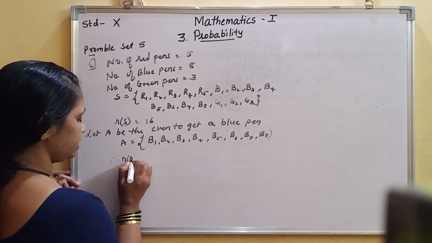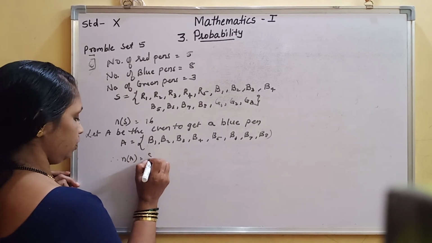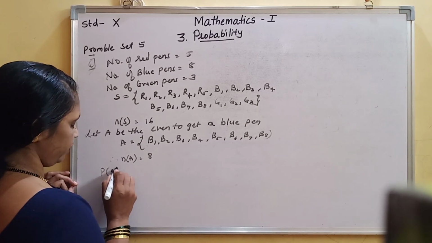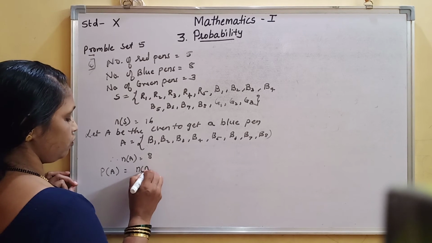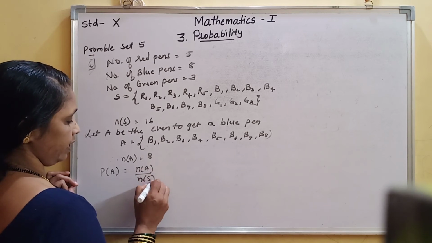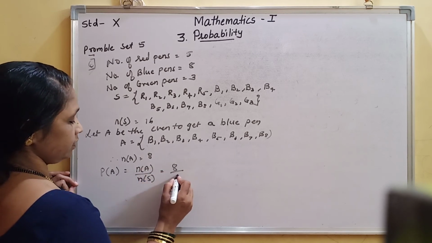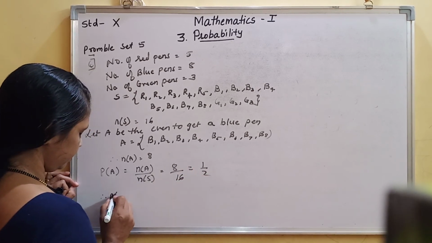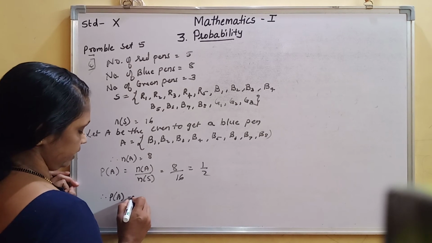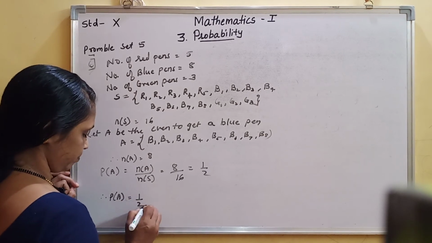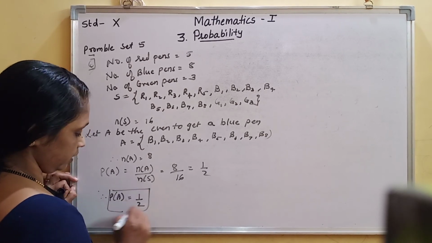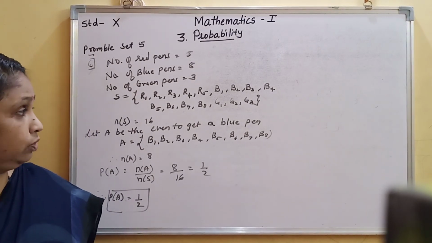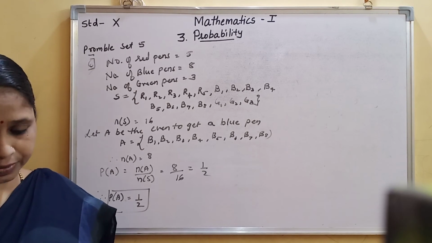Therefore, number of events in A will be equal to 8. Now we have to find probability of A. Probability of A will be equal to n of A upon n of S, means 8 by 16. 8 by 16 means 1 by 2. Therefore, probability of getting a blue pen is 1 by 2. Now this is all about example 6.